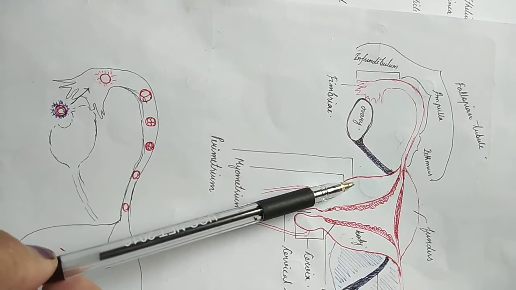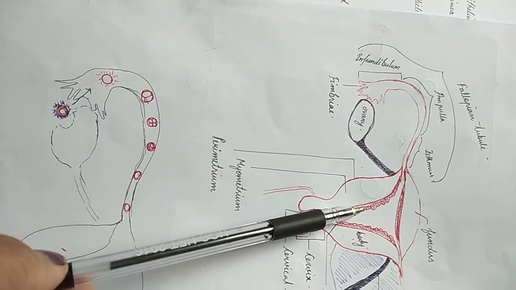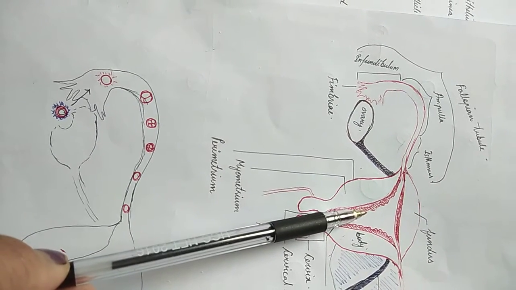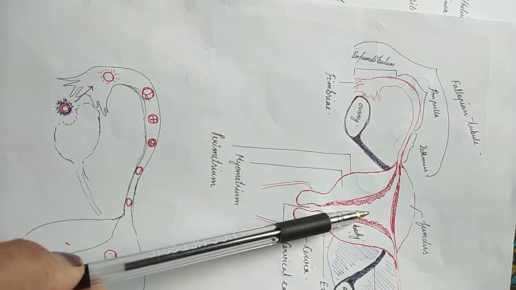Myometrium is involved in uterine movements, and endometrium undergoes cyclic changes during different phases of the menstrual cycle.